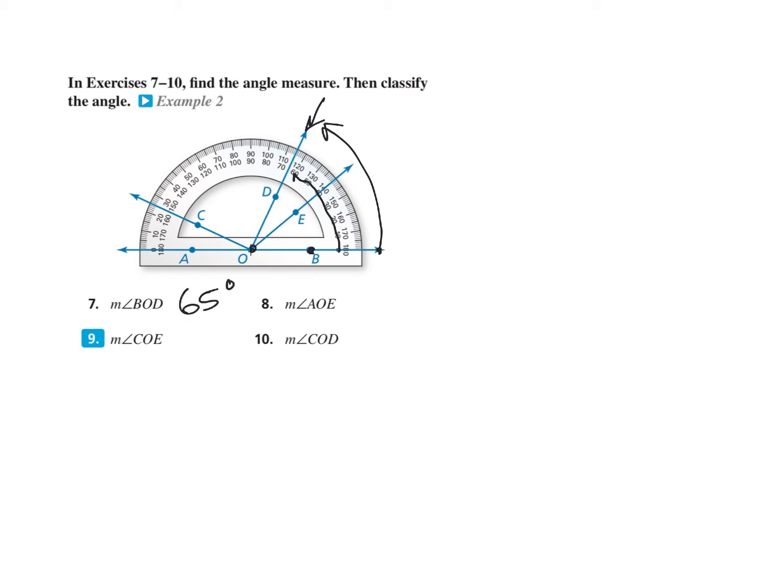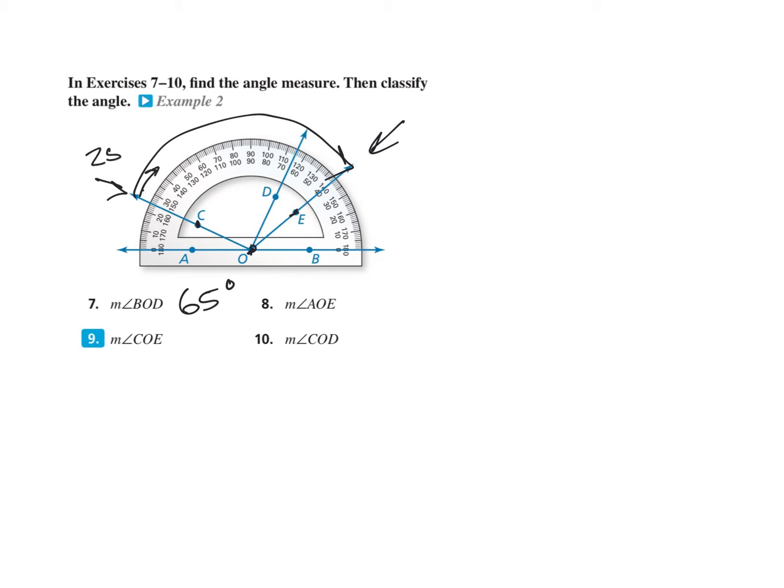All right? And then the next one is COE. Now here's the difference. We're not starting at 0. Okay, so we're starting here, and we're going to here. So COE, from here to there. So OC is at 25 if we use these outside numbers, since we're going this direction.